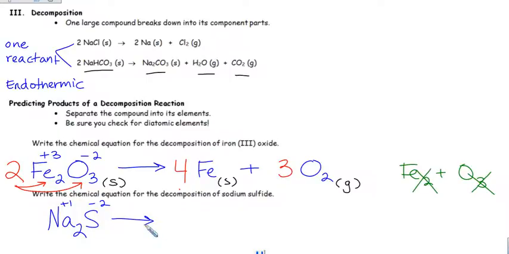This will decompose to form sodium, not diatomic, and sulfur, not diatomic. Well, that looks weird, but it's okay. I mean, it feels like little naked products, just sodium and sulfur, but it's right. And good Lord, this is so easy. If I want to balance this, I just need 2 sodium and I'm done.